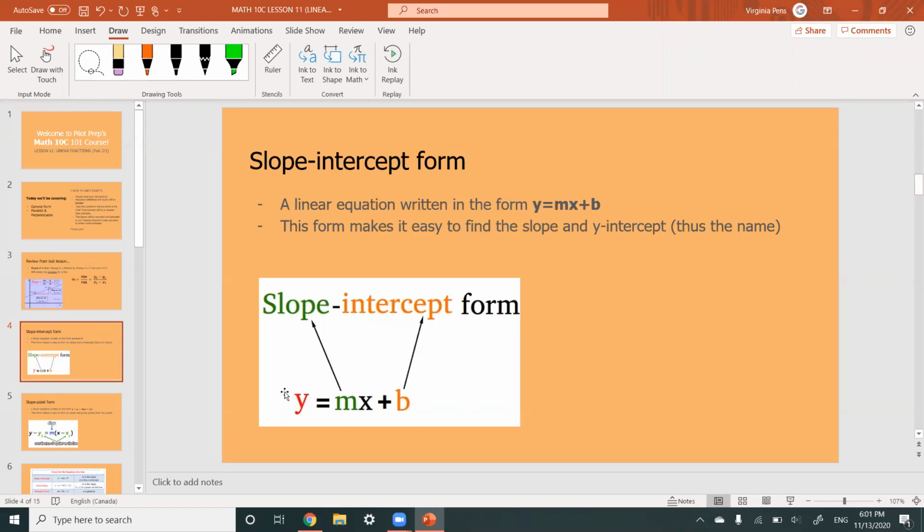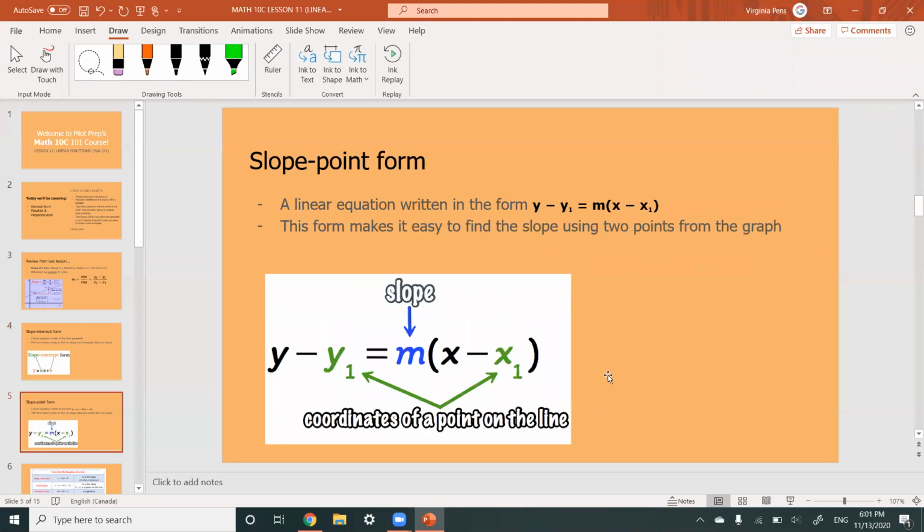And this form makes it really easy to find the slope and the y-intercept of the line. So that's kind of why it's called the slope-intercept form. Another form that we learned was the point-slope form. And this is a linear equation written in the form y minus y1 is equal to the slope times x minus x1.